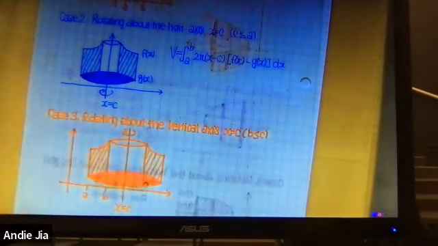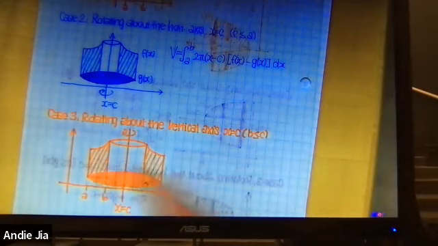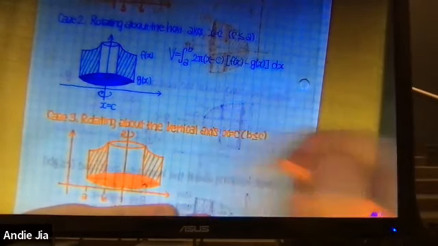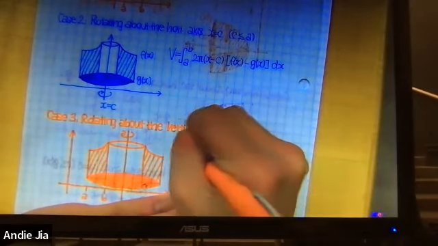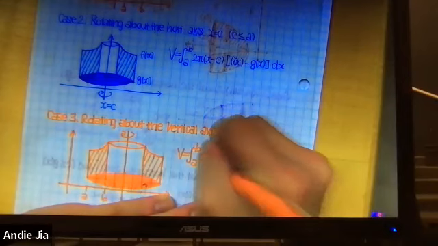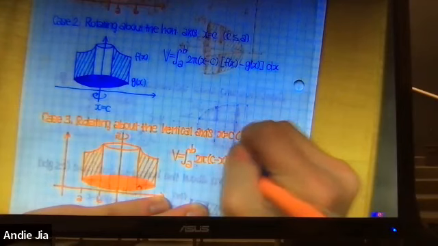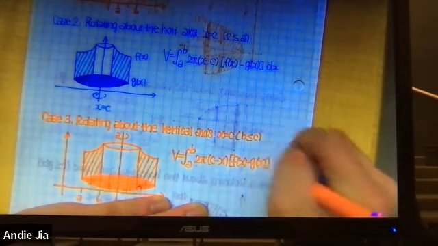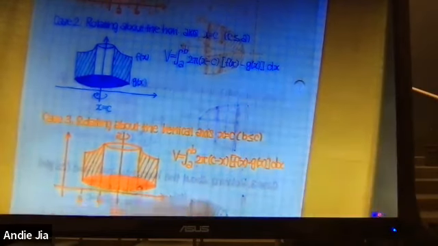Yeah, I had to do this. You can see this is a shell here, and the volume is the integral from a to b of 2 pi times c minus x, times f x minus g x, dx. And now let's try some examples here.